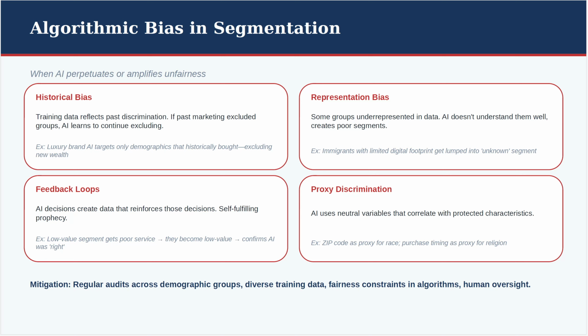Purchasing time correlates with religion. So AI uses these without knowing it's discrimination, but we label some of these as discrimination. So mitigation strategies are audits, diverse data, fairness constraints, and human oversight. Okay.